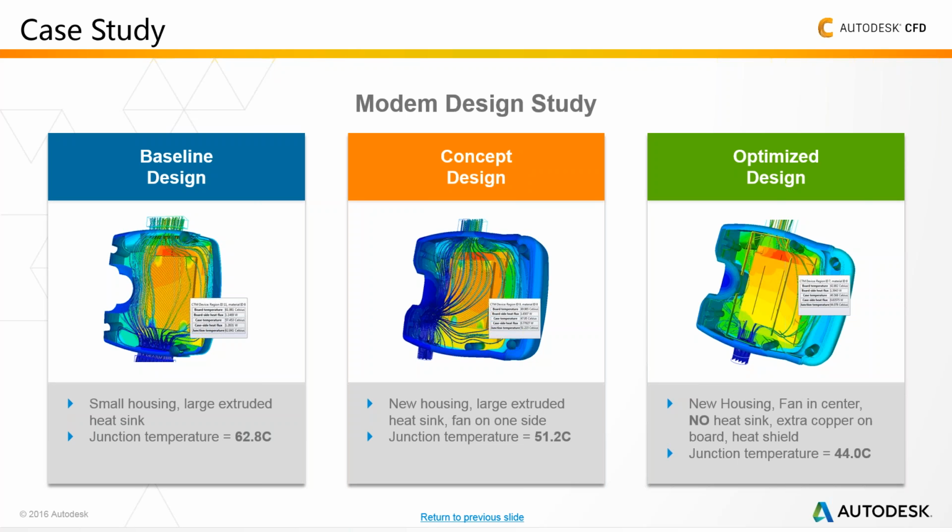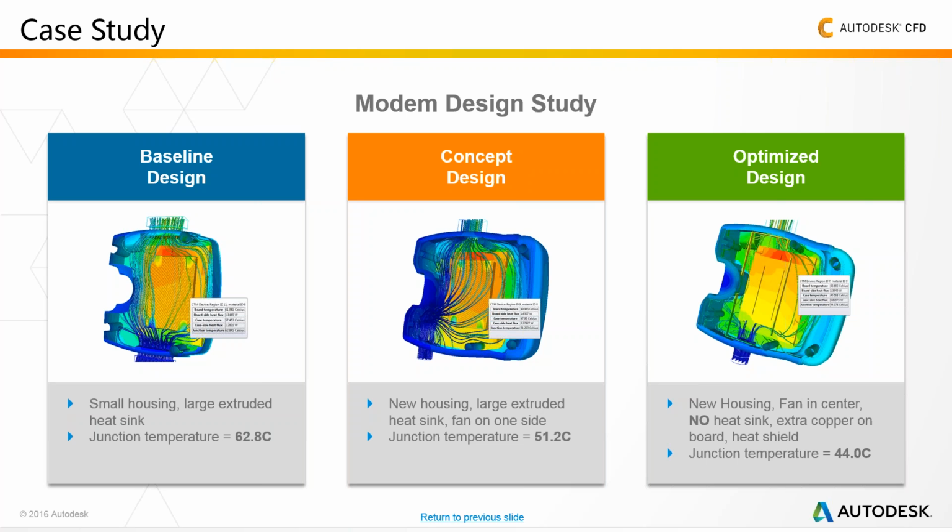Another point here is the removal of the heat sink provided less flow resistance inside the enclosure. This way the fan could operate at a higher point on the fan curve, 0.6 CFM versus 0.44 CFM.